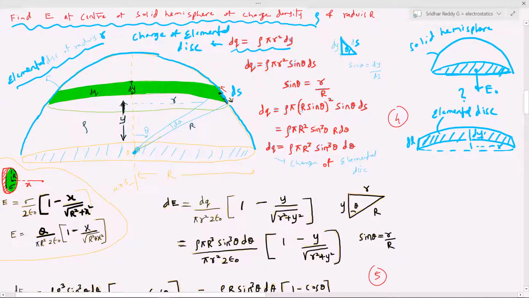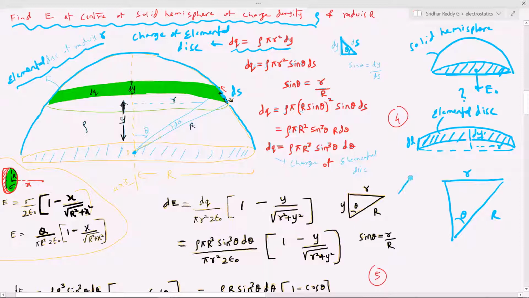Then look at the bigger triangle. Looking at this triangle, what is sine theta? One more triangle we can draw. Here, this is r, this is theta. The opposite is the smaller r. The hypotenuse is capital R. So sine theta equals small r by capital R. I replace small r by R sine theta. So we get rho pi R square sine cube theta ds. ds is the arc length here.